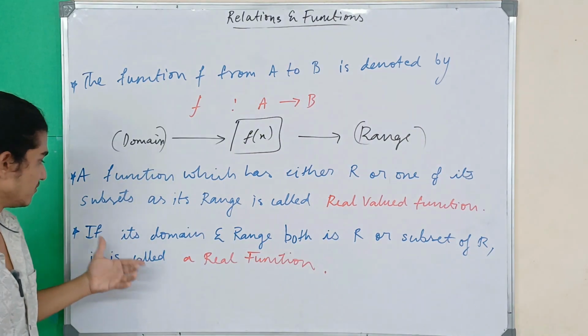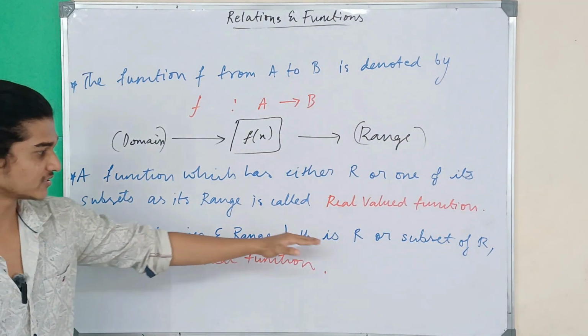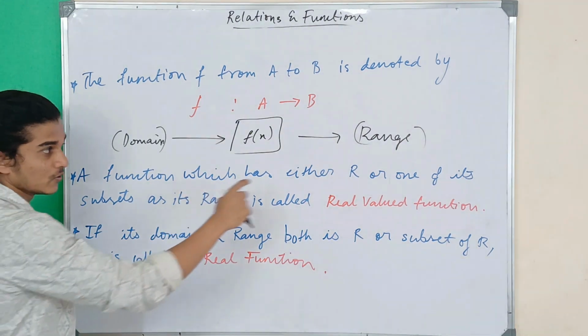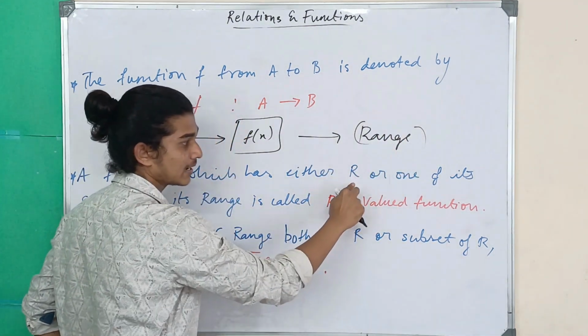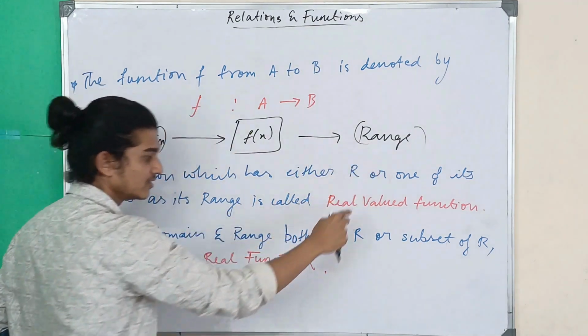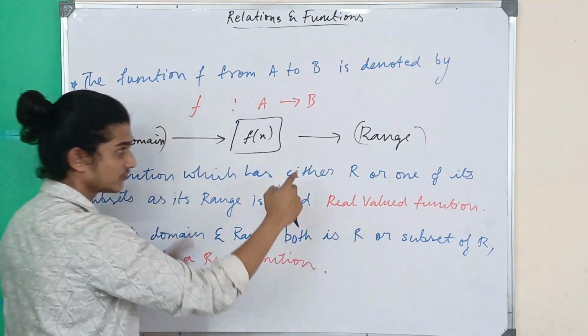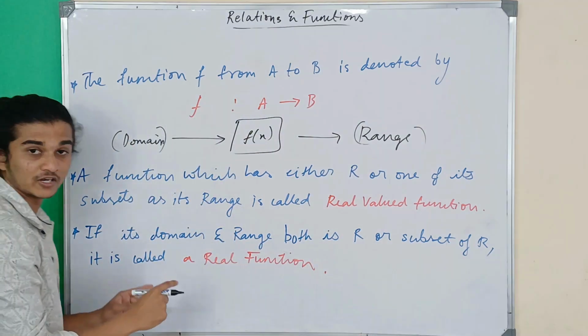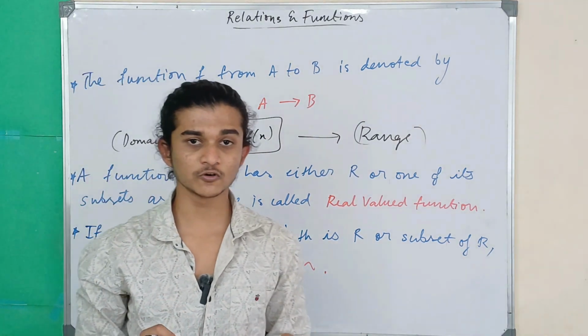The next one is, if domain and range both are R or subsets of R, then it is called a real function. In the first case only the range was R or a subset of R, whereas in this case both domain and range are R or subsets of R. So if both domain and range are real numbers or subsets of real numbers, we call it a real function. This was the note which you need to notice.